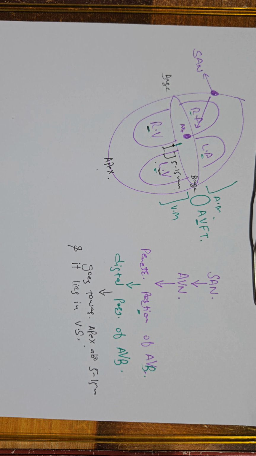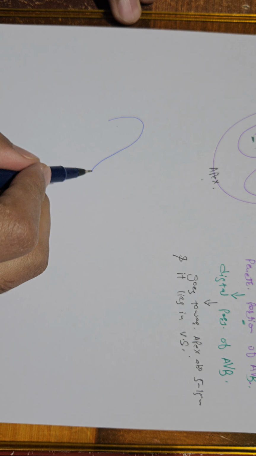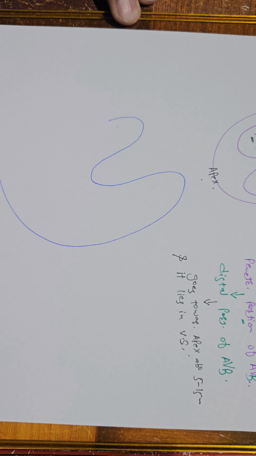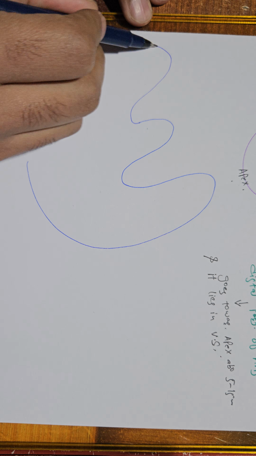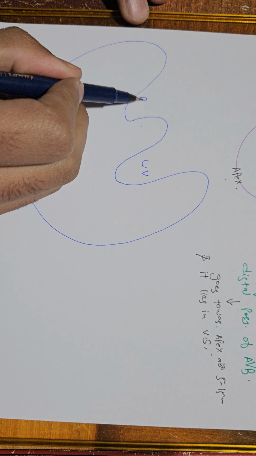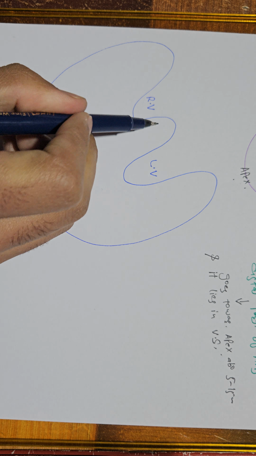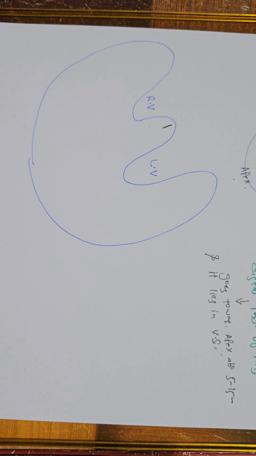Now moving on. I will make this ventricular musculature separately. So this is the ventricle, this is the left ventricle, this is the right ventricle, and this right here is the distal portion of the AV bundle.